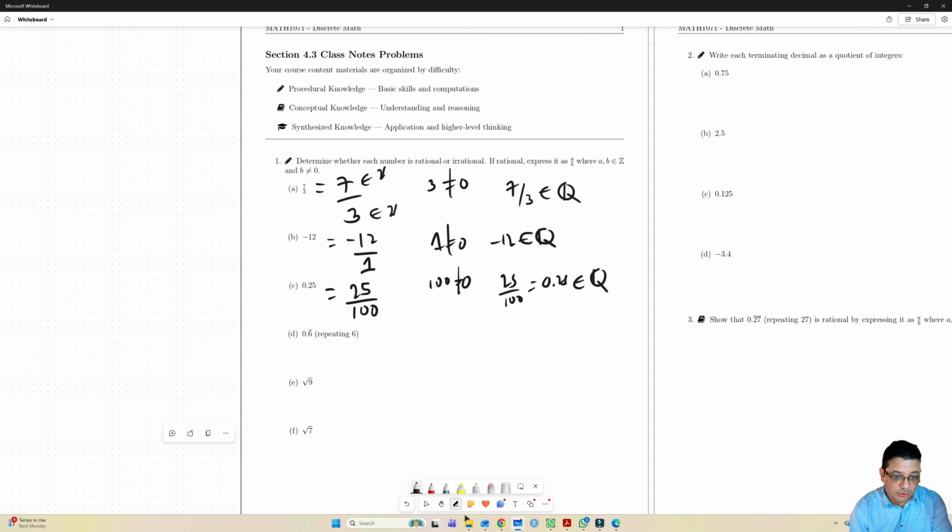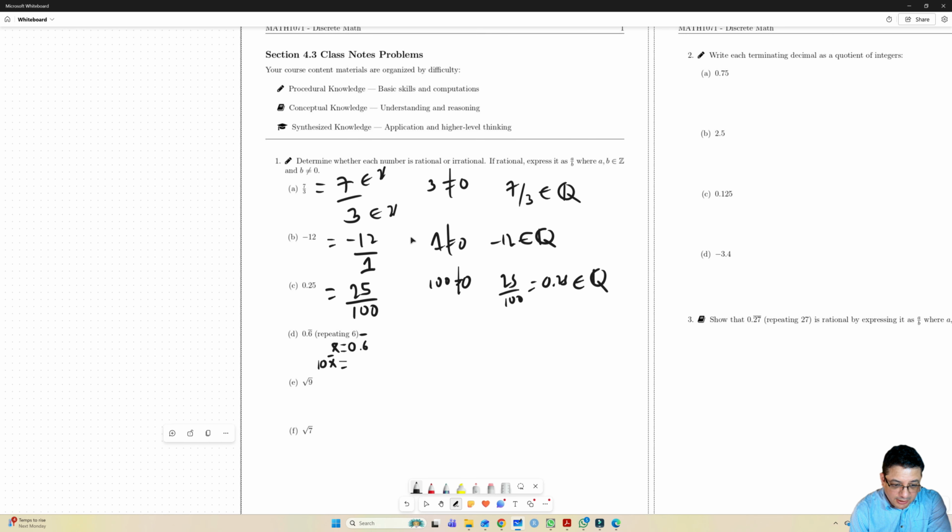Now 0.6 repeating is also a rational number. Remember that if we have a repeating pattern, then we can express this as a rational number. One way of doing this is if I say x equals 0.6 repeating, then I can multiply this by 10.